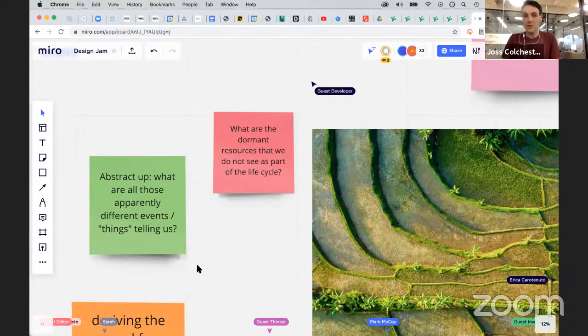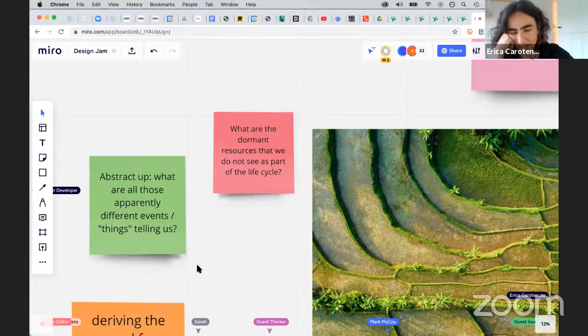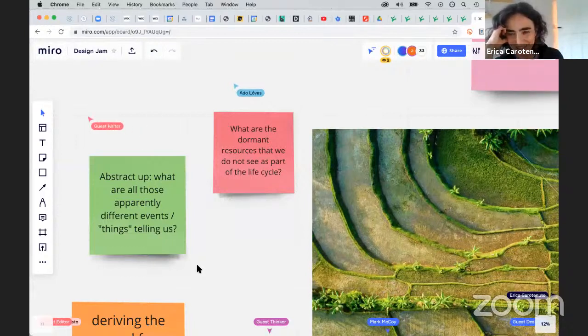Use abstraction. I guess that's kind of what I was saying, right? Abstraction is kind of about stepping back a little bit, isn't it? It's exactly what you just said. Step back enough to blur the details. What is stuff telling us? What are the relationships? I think often in systems we don't let stuff speak to us because we are too much in a rush to make sense of it.